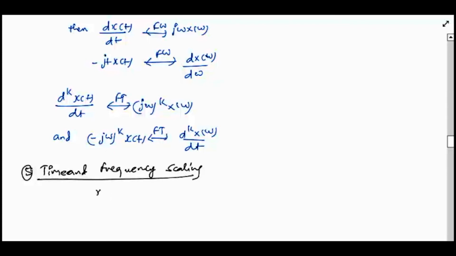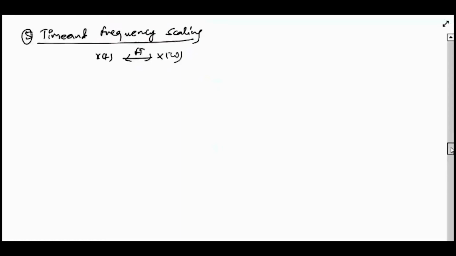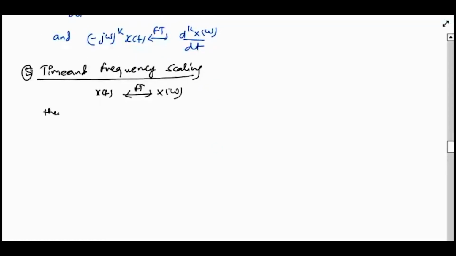Okay, so this says that if x(t) has Fourier transform X(omega), then x(at), where a is a non-zero number, will have Fourier transform 1 over mod of a times X(omega by a). So here a is a non-zero number.